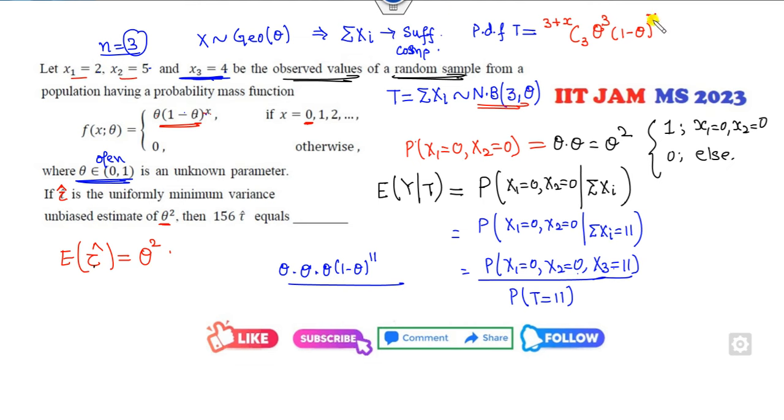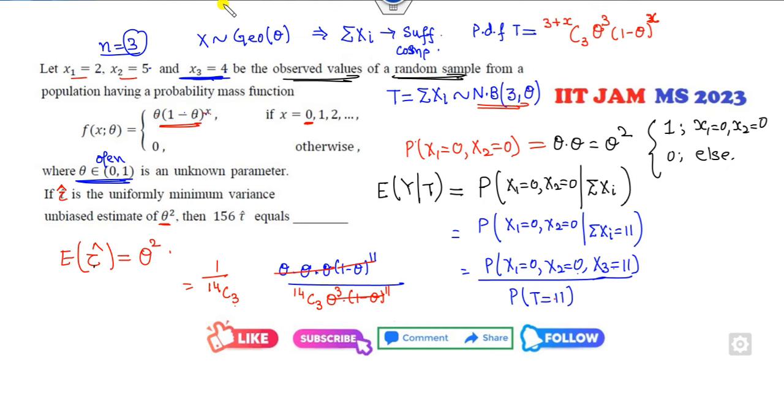This is my x. Fine. So I can substitute here 11. So it's 14 C 3, theta to the power cube, 1 minus theta to the power of 11. So you can see this value will be cancelled out. So the answer will be 1 over 14 C 3.